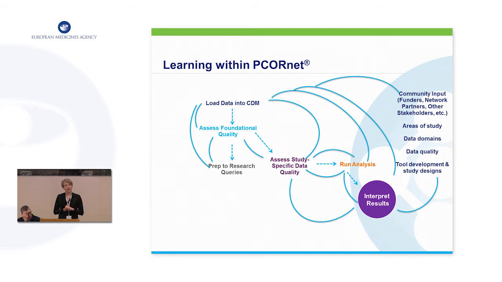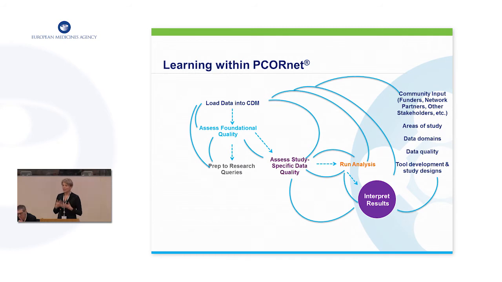As I was watching the weather last night, I saw one of those weather maps that only appear on UK television, and I realized that my learning within PCORnet looks like one of those weather maps. But the point here is that everything that we do informs everything else.